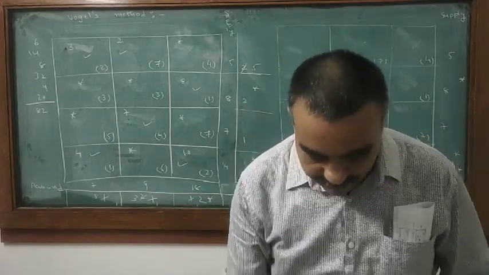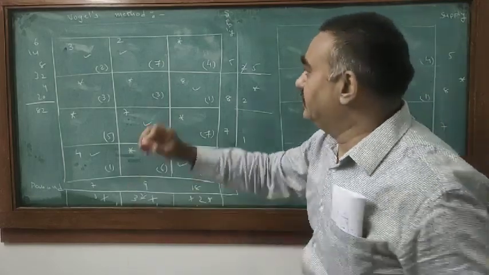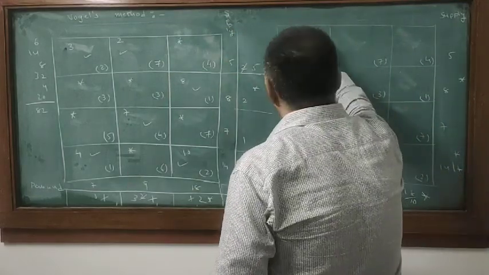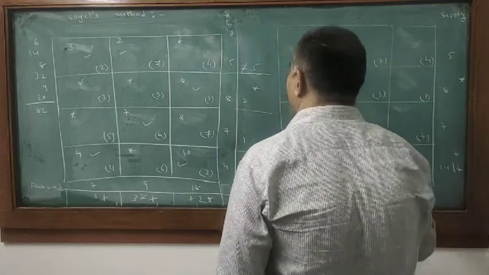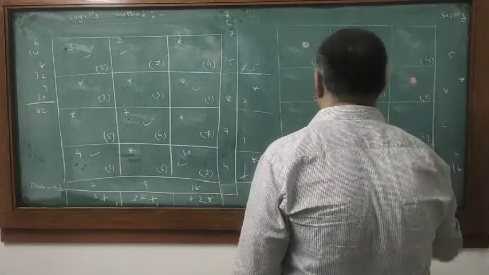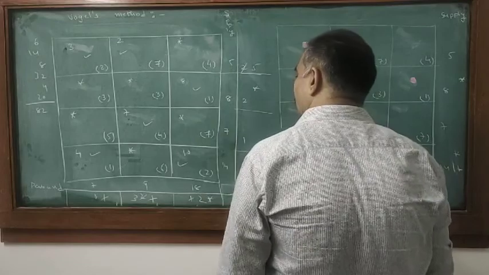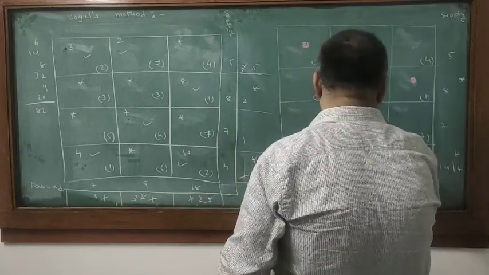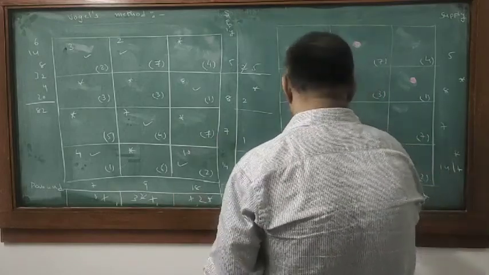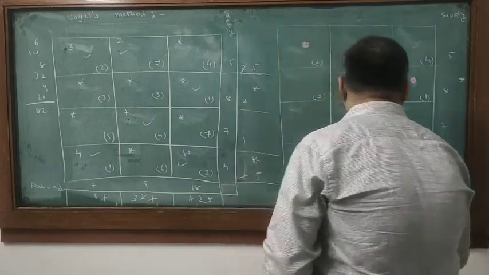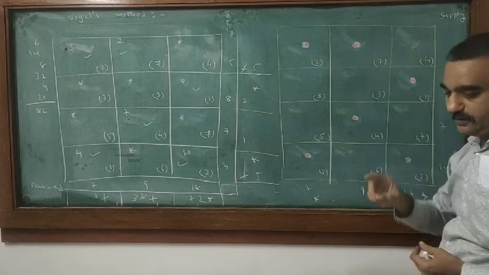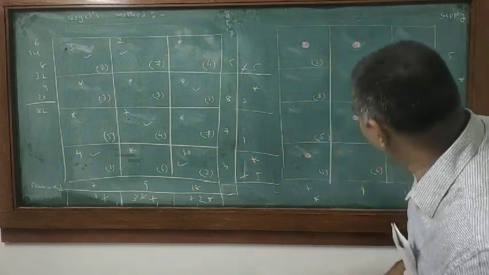And try to get all the basic variables. This one, here, this one, and here. 1, 2, 3, 4, 5, 6. We have 6 dots as required.